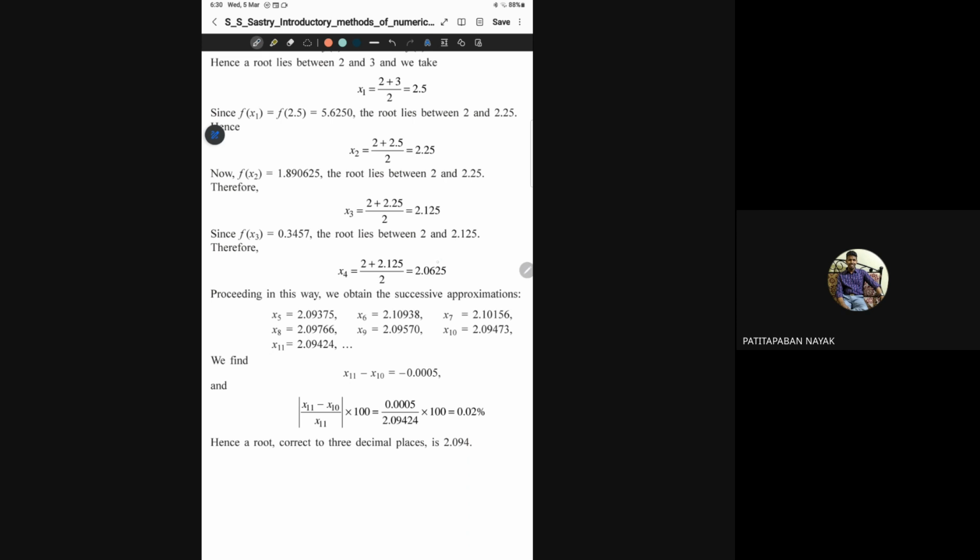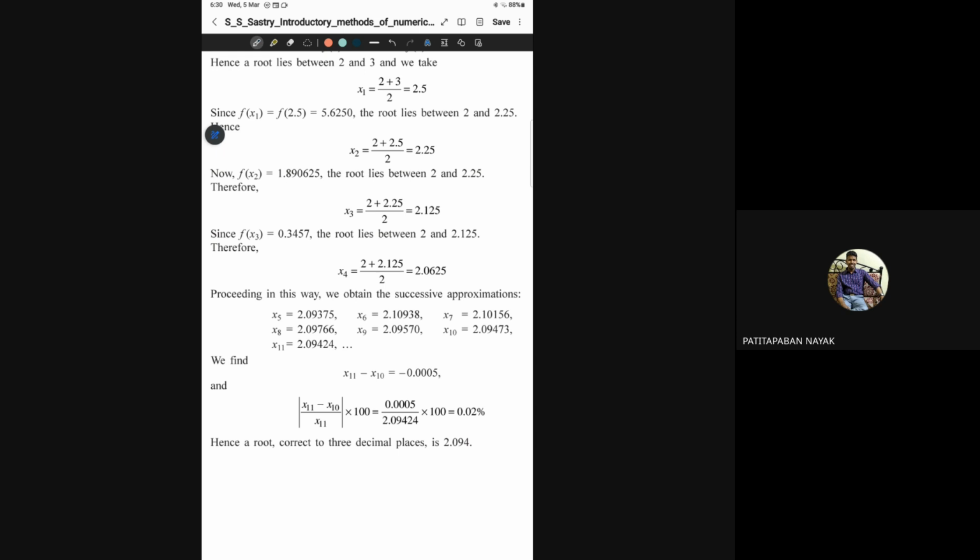Which two values are you using? Check that, because you have to find out what is f of x4. It has not been calculated here. Putting 2.0625 we got negative.